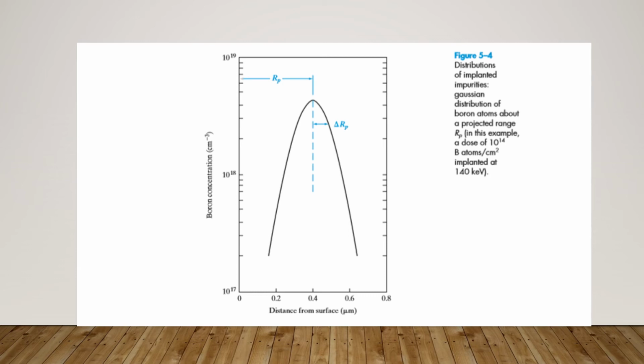This is just an example of one case. Now here you can easily see what is the projected range and what is the straggle. So you have said that straggle is the half width of distribution at 1 by 2 exponential. So this is the straggle.